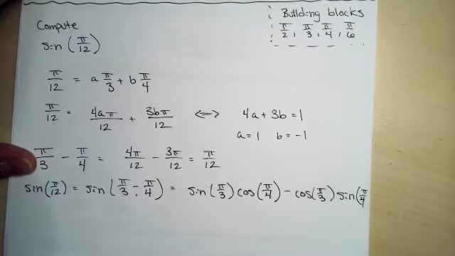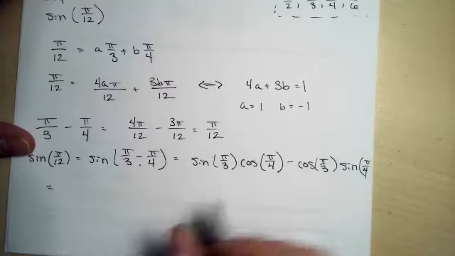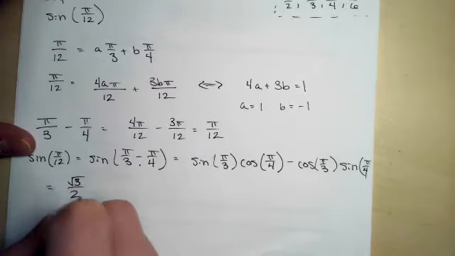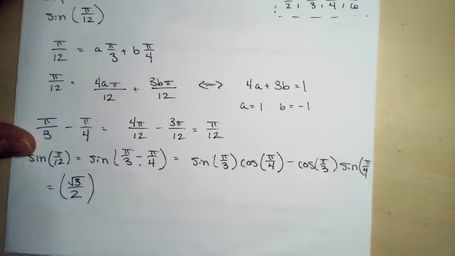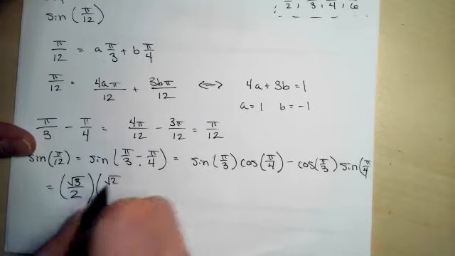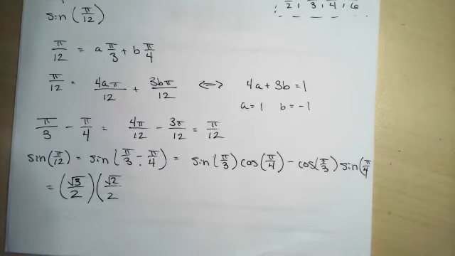And now we can evaluate all those. So sine of pi over 3, draw your reference triangles if you need to. Sine of pi over 3 is going to give us square root 3 over 2. Cosine pi over 4, it's going to give us square root 2 over 2, or 1 over square root of 2, whichever way you want.